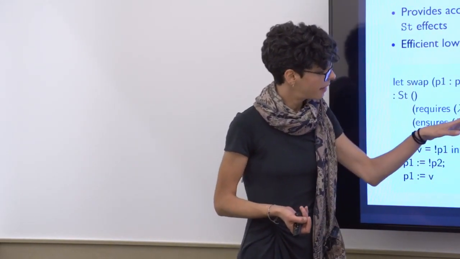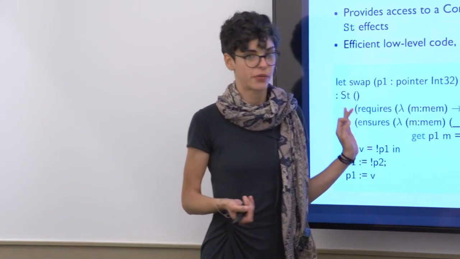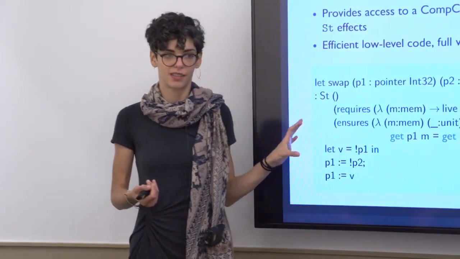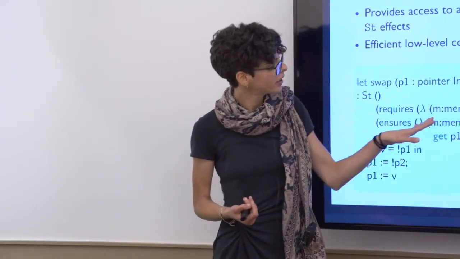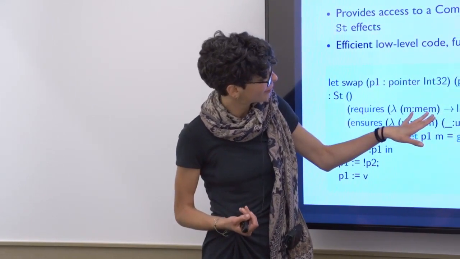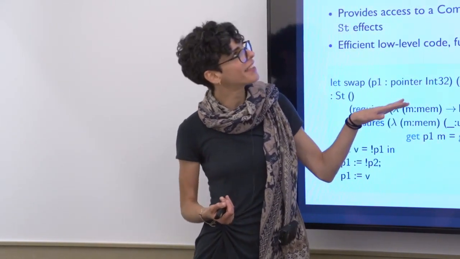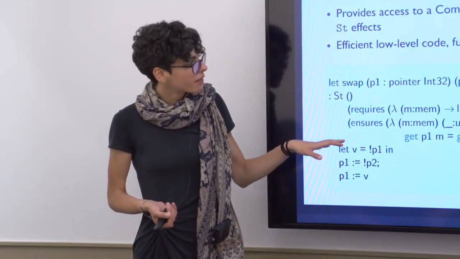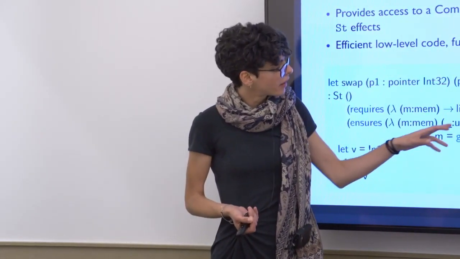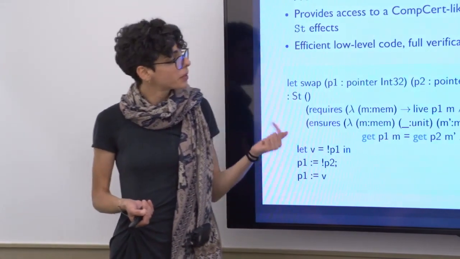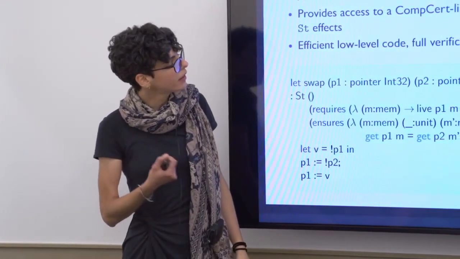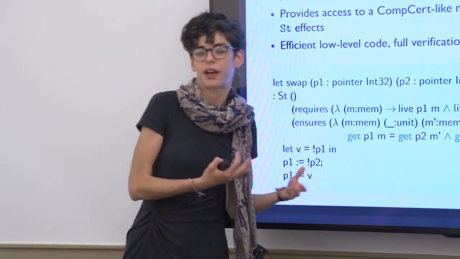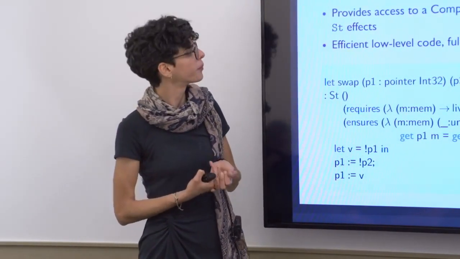The types of pre and post conditions reflect the C memory into the logic, and this is the type of reflected memory. So the specification of this program says that if P1 is live in memory and P2 is live in memory, then the values of these two pointers will be swapped after we run the program.